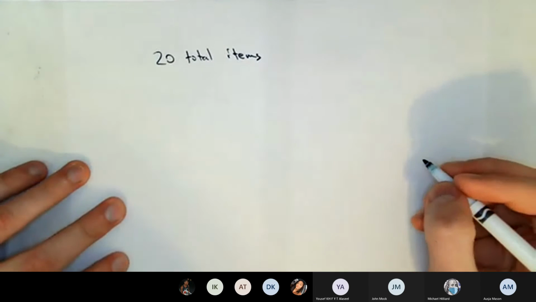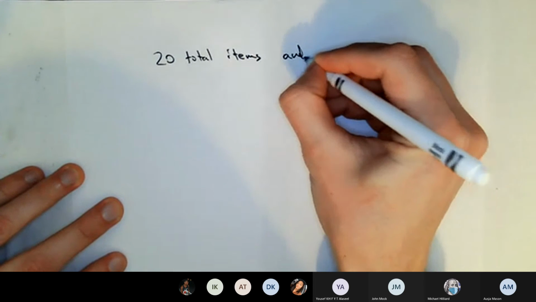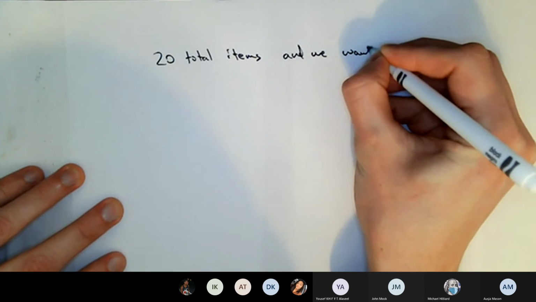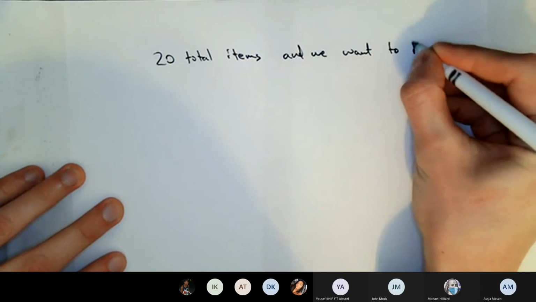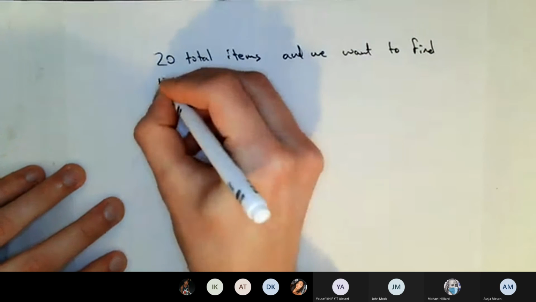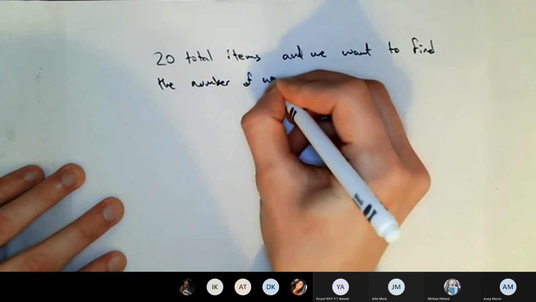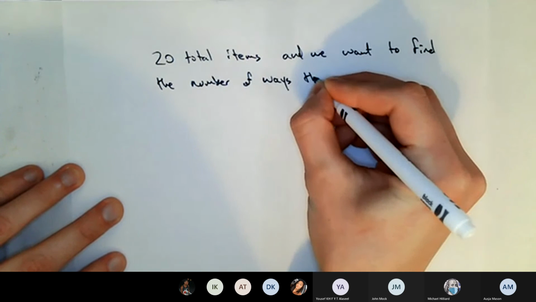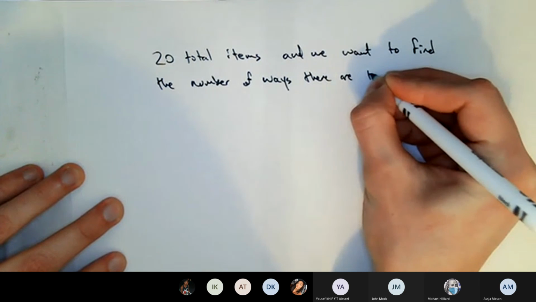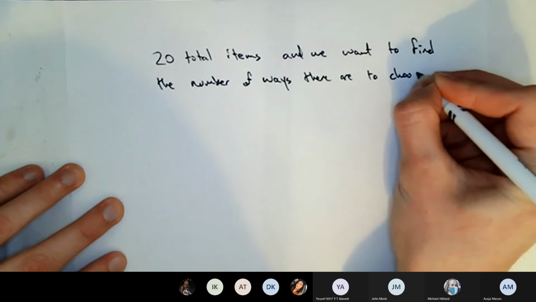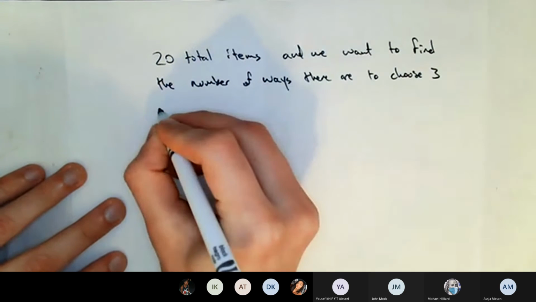So there are 20 total items, and we want to find the number of ways there are to choose 3 items from the group.